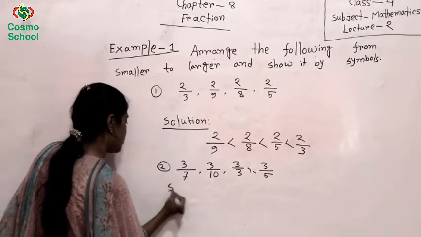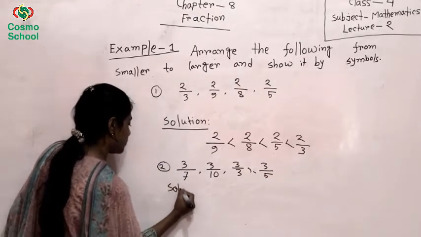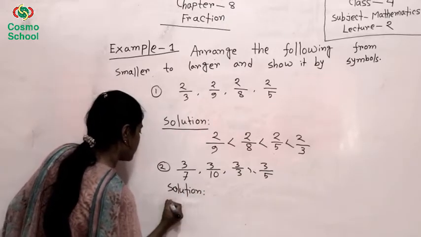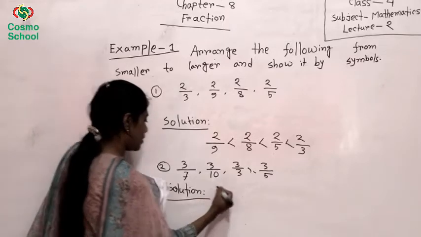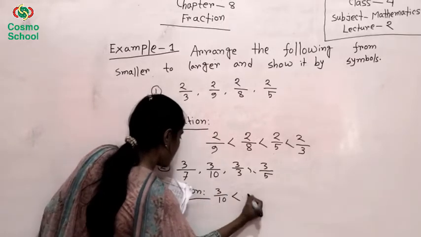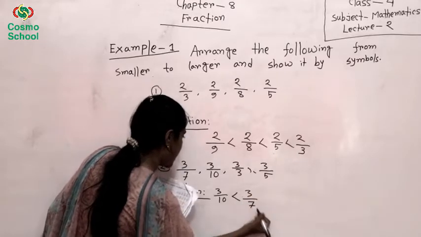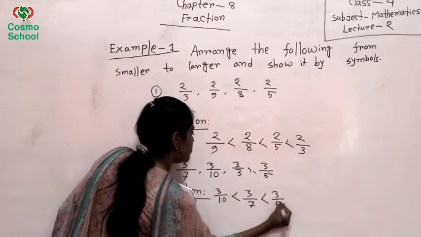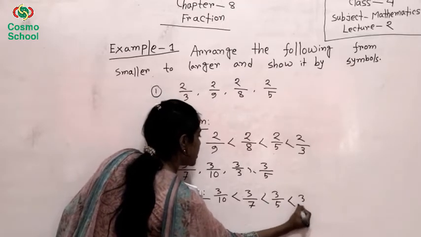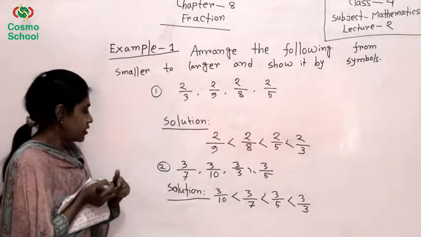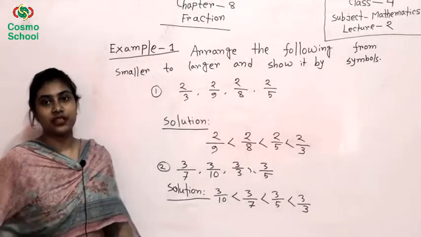Now solution. 3 divided by 10 is smaller than 3 divided by 7, 3 divided by 5, 3 divided by 3. In here, there is the same process as the previous math.